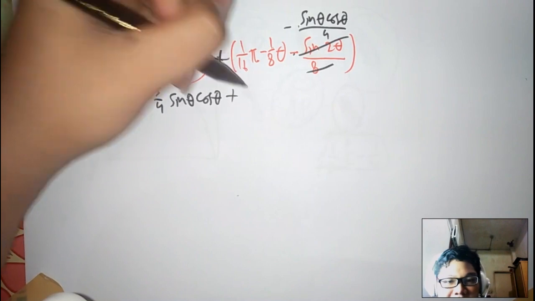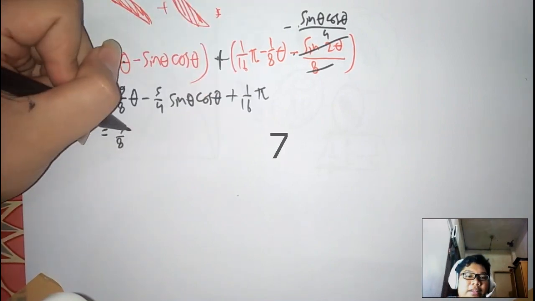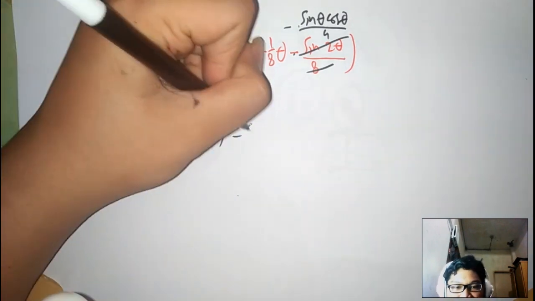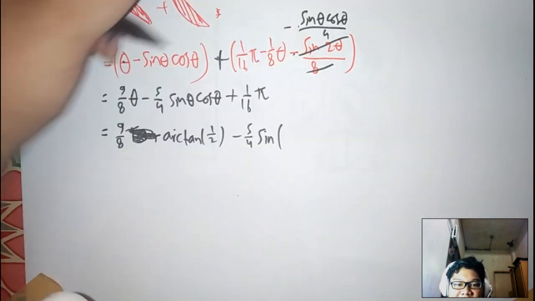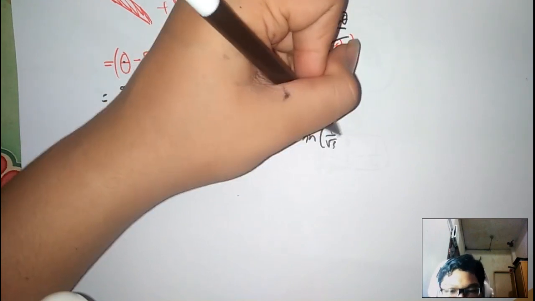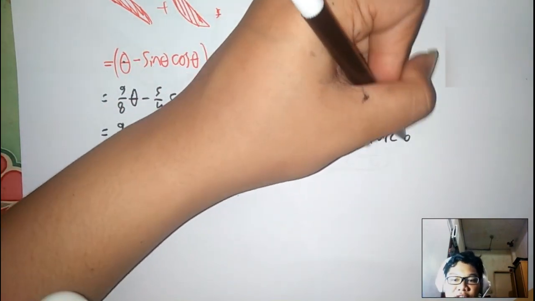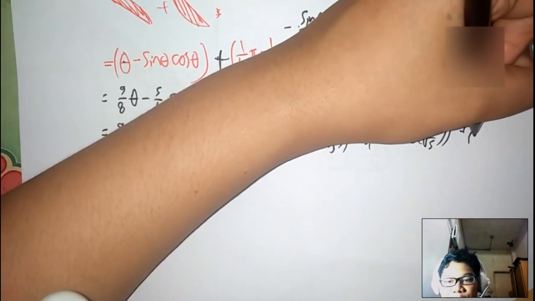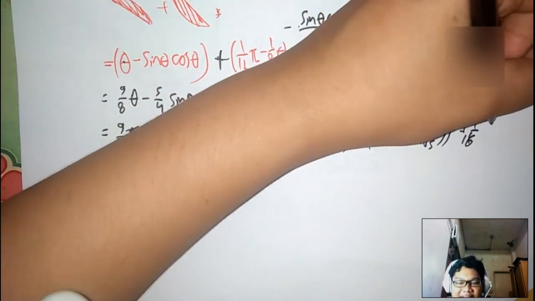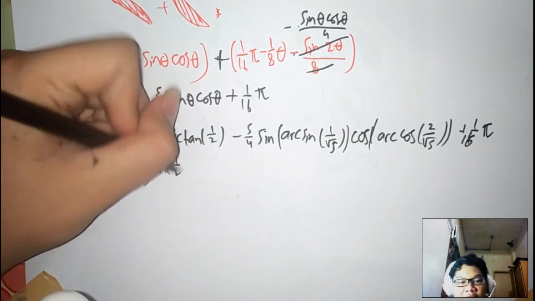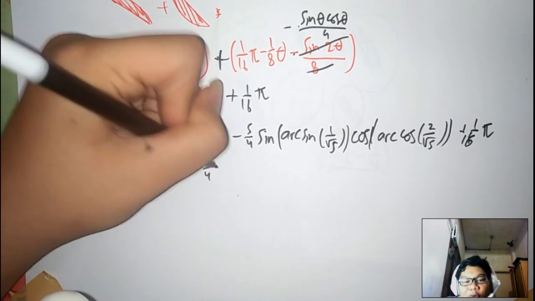Plus, we just write down the rest, and the theta is arctangent of a half, minus 5 over 4 sine theta cos theta. The theta can be written as arcsine of 1 over square root of 5 times cos of arccosine of 2 over square root of 5, and we write down the rest, plus 1 over 16 times pi. Then we write down 7 over 8 arctan half minus 5 over 4 sine.